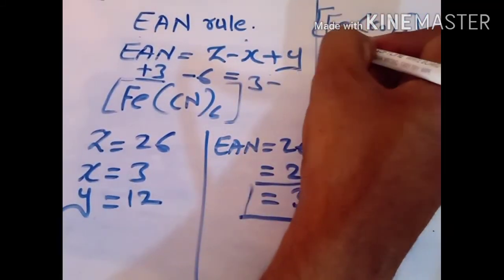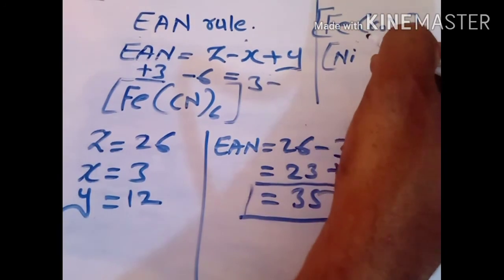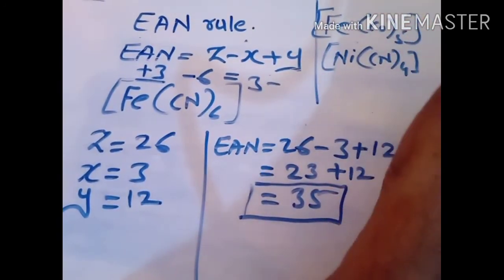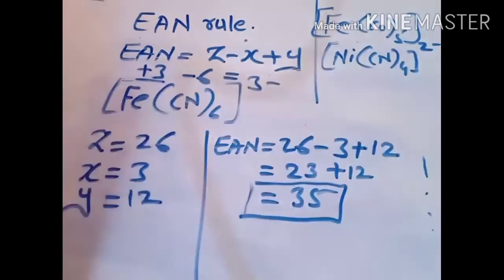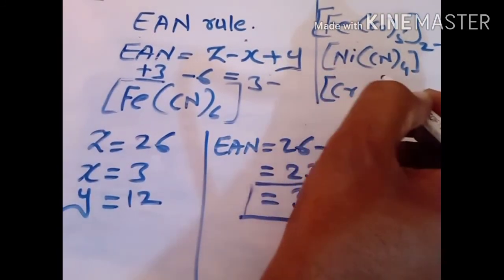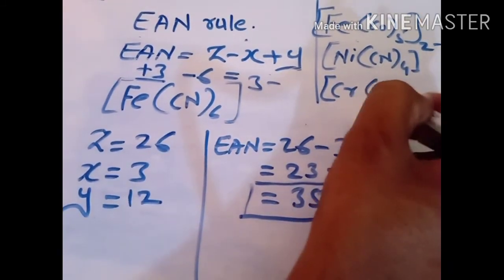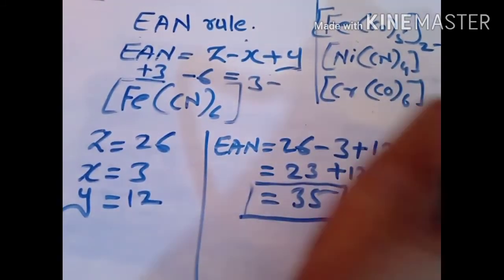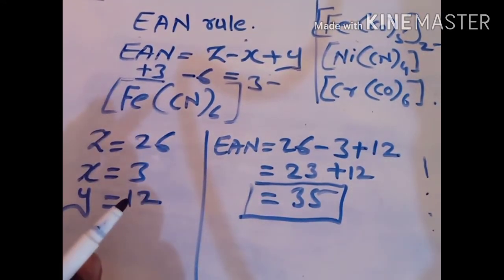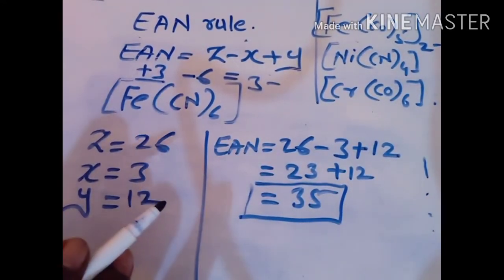Another example you can take is Ni(CN)4 2-. Another example you can take is Cr(CO)6. Now try to solve them at home, and if you have any answer or problem, then write to me in your comment box.